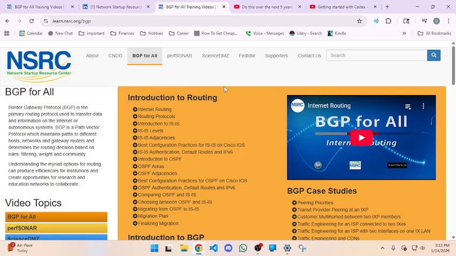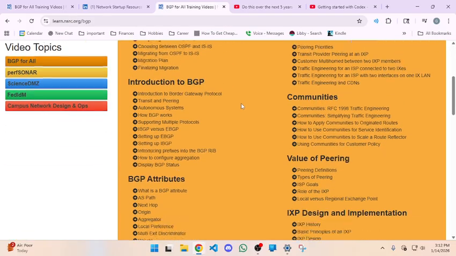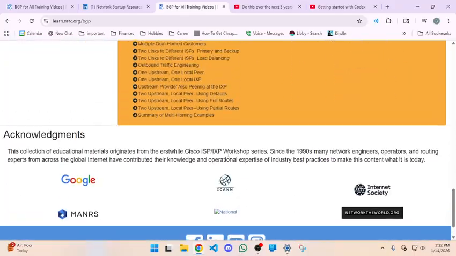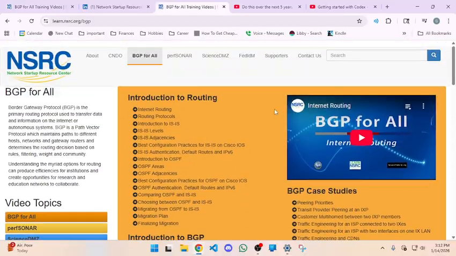Understanding the myriad options for routing can produce efficiencies for institutions and create opportunities for research and education networks to collaborate. So, got the whole thing mapped out here. We'll watch the intro video.